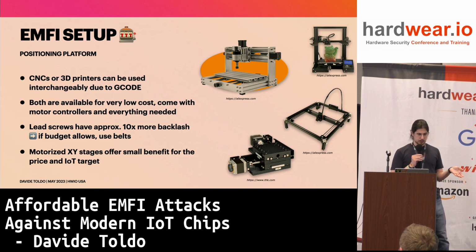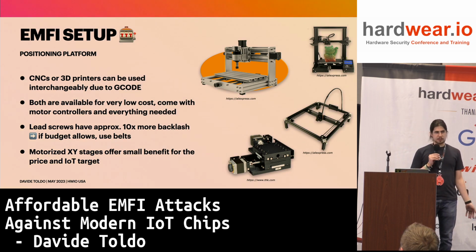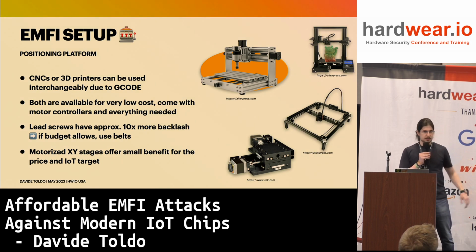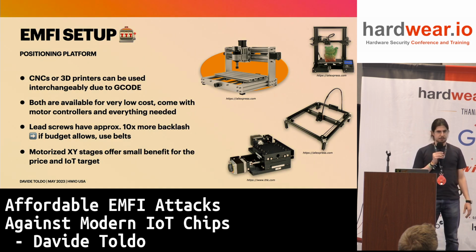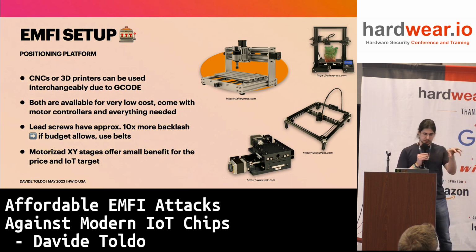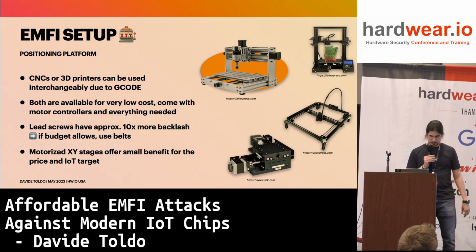One thing I would like to mention is that lead screws have 10 times more backlash than belts. So if you have the choice, I would probably recommend a 3D printer, or what you see on the right is a drawing robot, which is probably even better for you because you don't need to buy the spindle or the printhead because it's just the positioning to put the pencil in it.